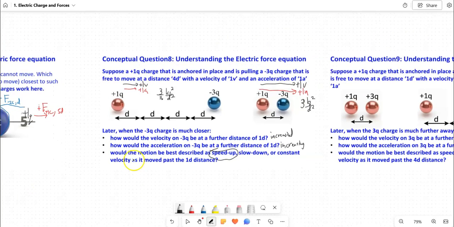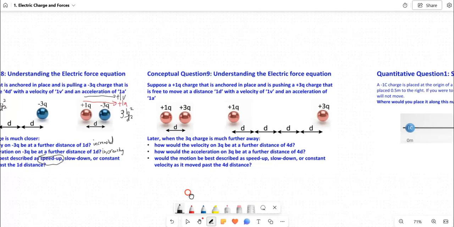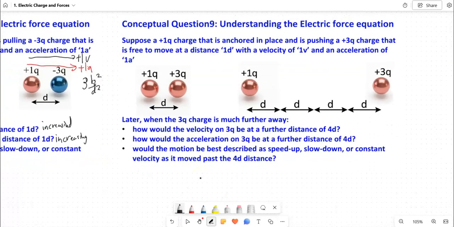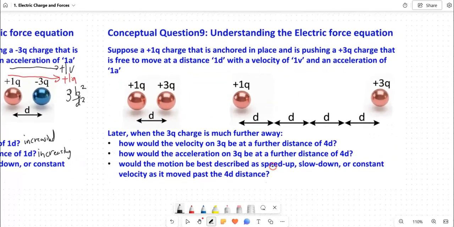Okay. Now, let's do the opposite. Suppose you had a positive 1q charge and a positive 3q charge, a distance d away, and then you release them. So let's try this guy. Let's do the force on this guy.